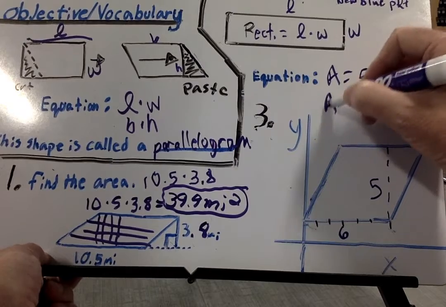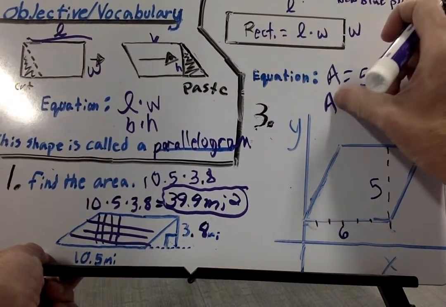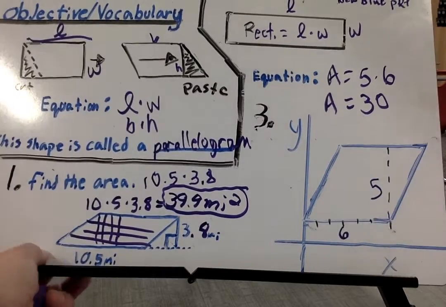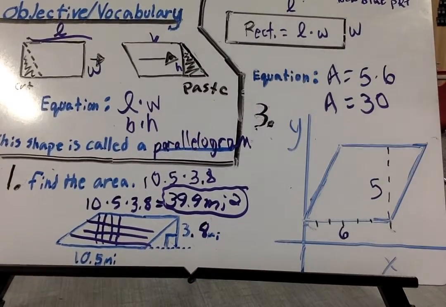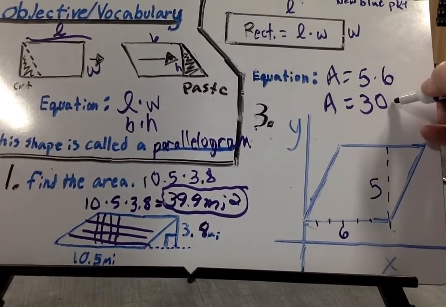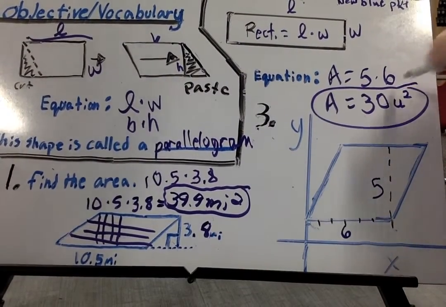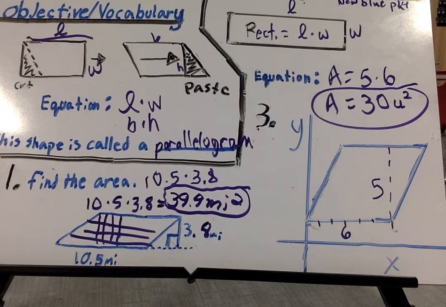Area, whatever the units are, we don't know what units these are, so we're just going to go U squared. And that's your answer for number 3.